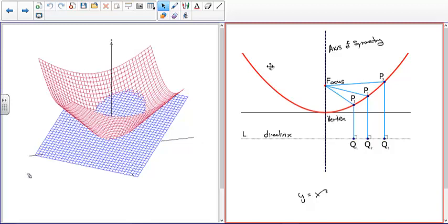So the distance from Q2 to P2 is the same as the distance from the focus to P2. It doesn't look like it, probably because it's not drawn to scale or it's stretched out incorrectly, but that is the truth. So when you're at the vertex, the distance from here to here is the same as the distance from there to there. So it's more of a geometric explanation.